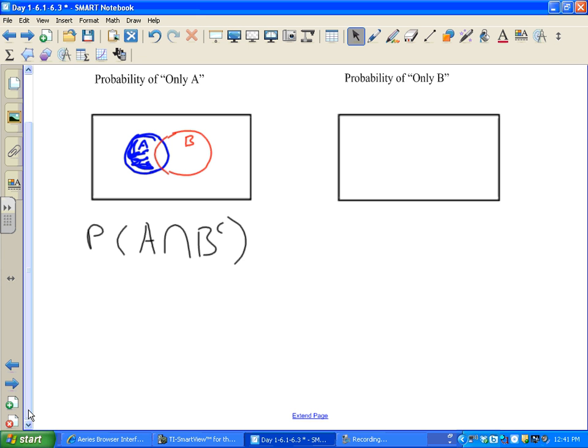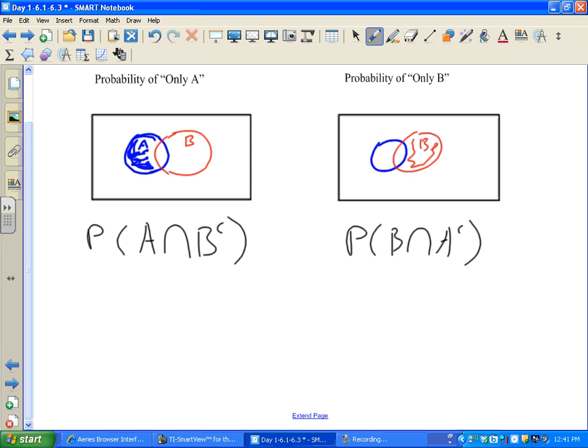Okay. Probability of only B, if you guys figured out how not A works, then the not B or only B, you kind of realize it's going to look like that. And you're hopefully realizing probability of that is B and everything that is not A. By the way, it doesn't matter the order.